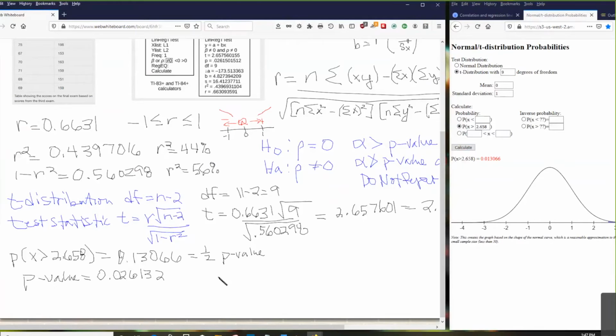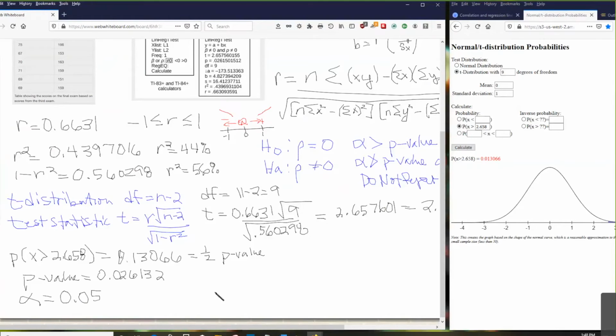Okay? So now our critical value is going to be 0.05 because it wasn't stated. We always assume if it's not directly given, then it's going to be 5%. So now we're going to look at our rules.